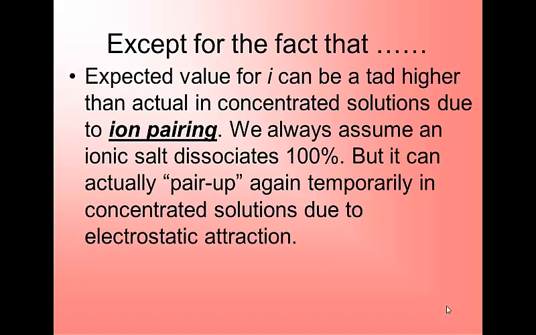So you've got ion pairing going on. We always assume an ionic salt dissociates 100%, and that's fine, but in concentrated solutions, you've got them in such close proximity to each other, you're going to have an electrostatic attraction, you're going to have a pairing up, and that pair will be 1.